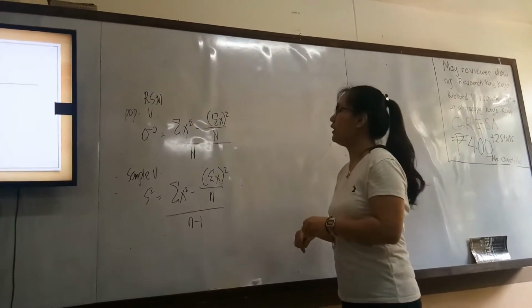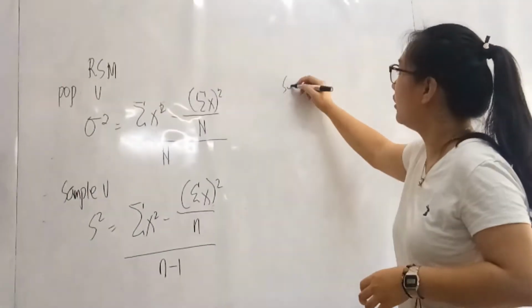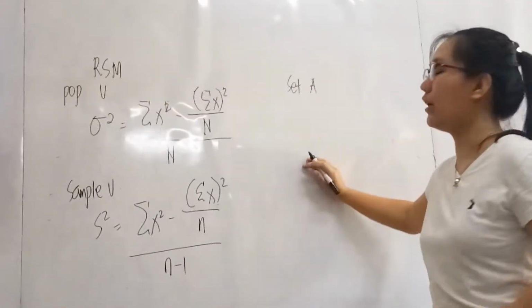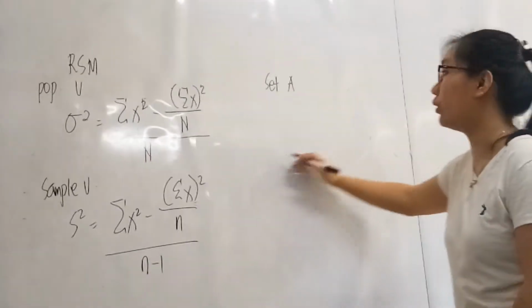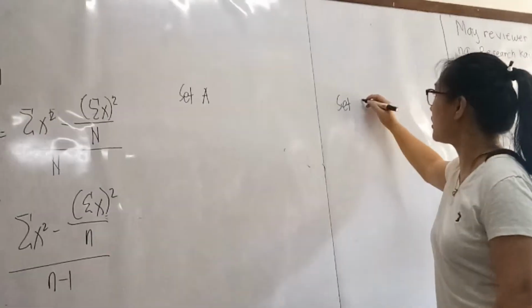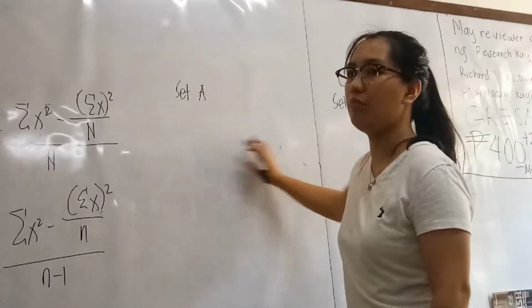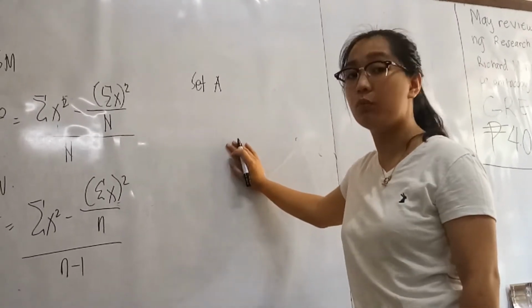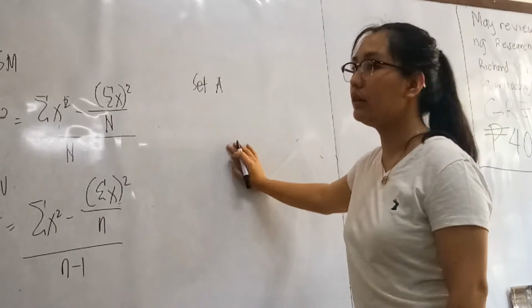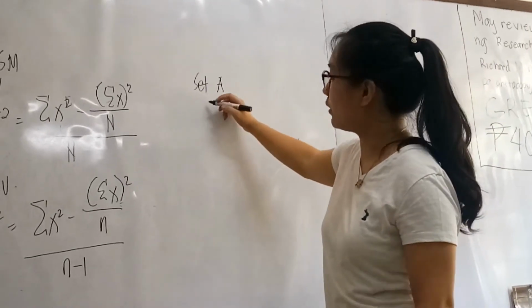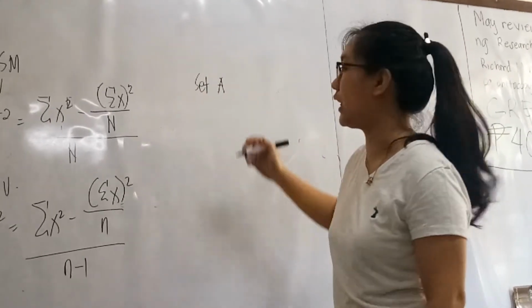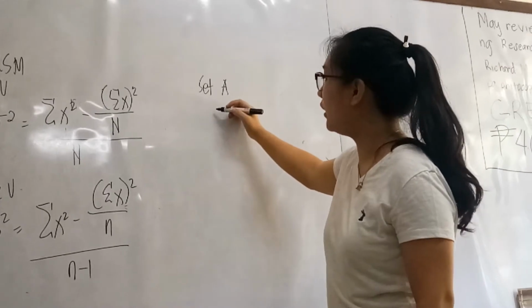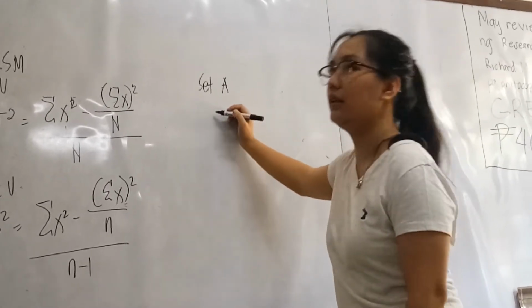Example tayo. For example, you gave two quizzes, set A and then B, and then you collected samples. Let's see which is more homogeneous in the data sets. Okay, so let's use your variance. For example, this is over 50.